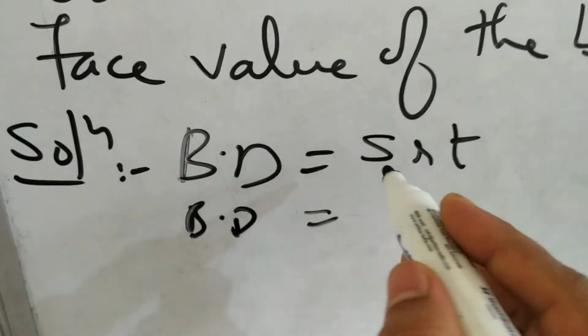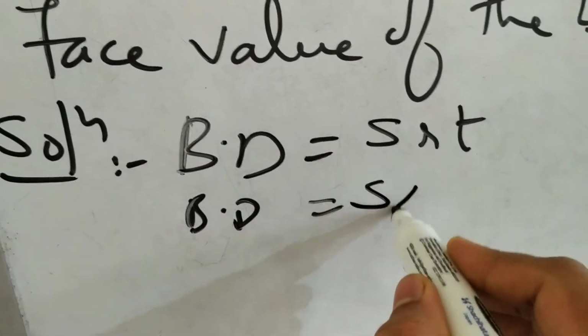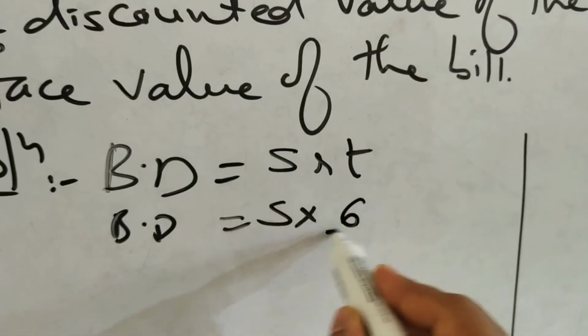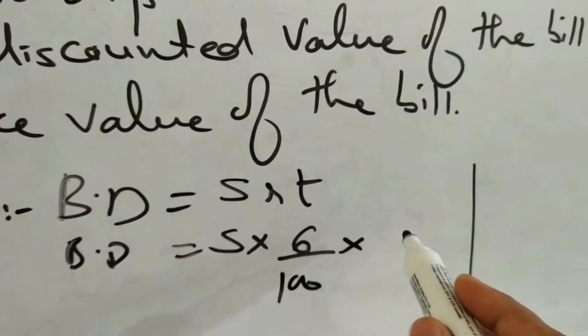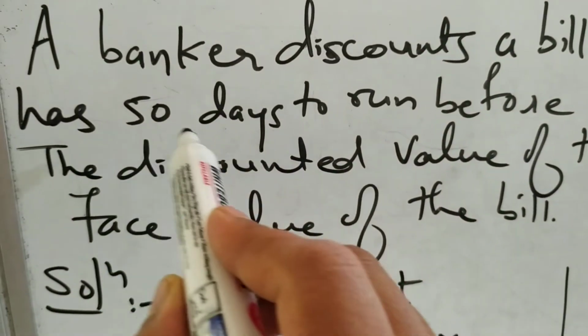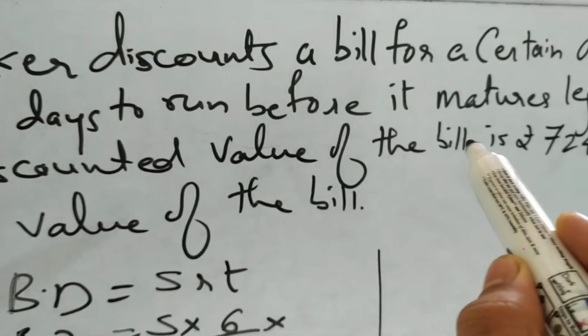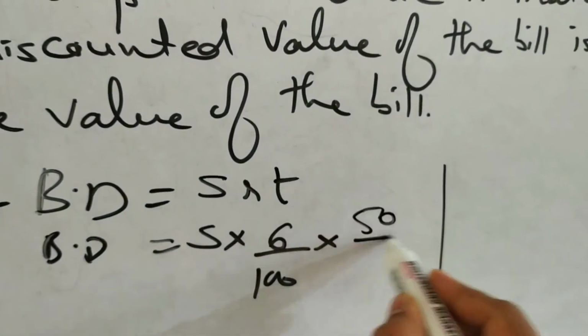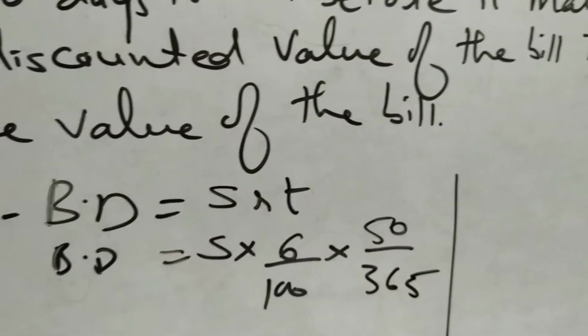Now BD equals to S we don't know, so let us keep as it is. Rate of interest is given as 6% per annum, so we write it as 6 by 100 into time period. It is given as 50 days to run before it legally matures, so it is 50 upon 365.